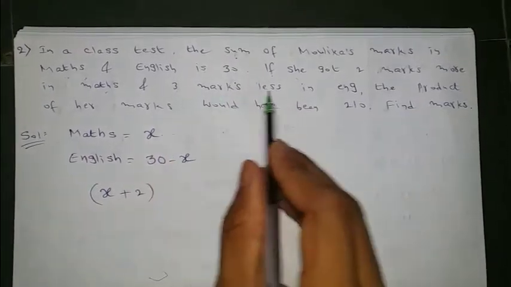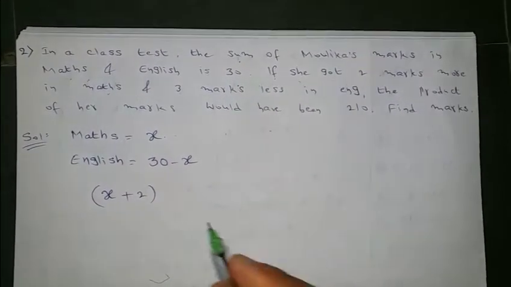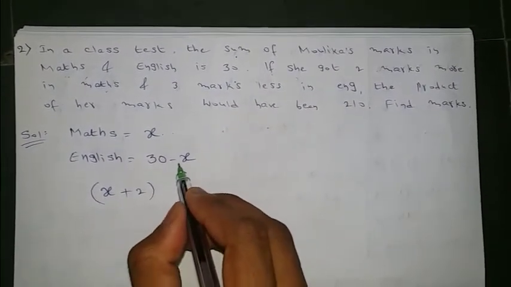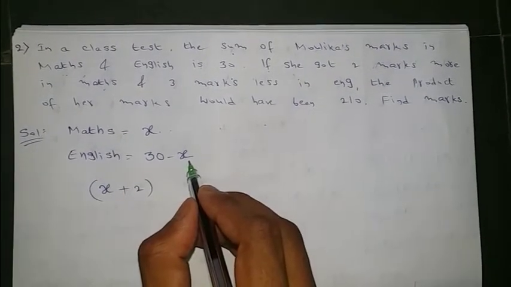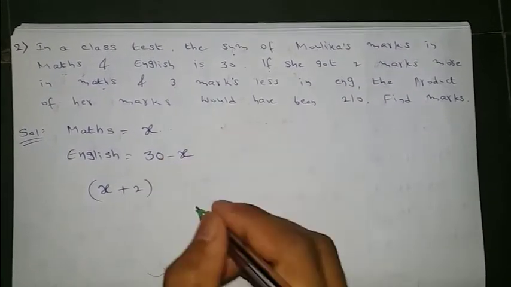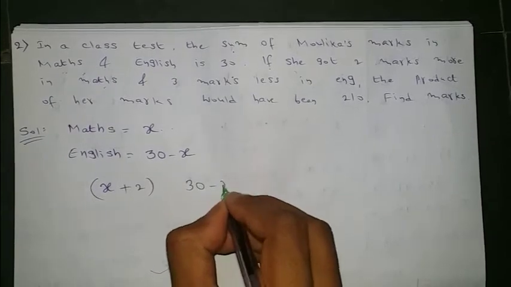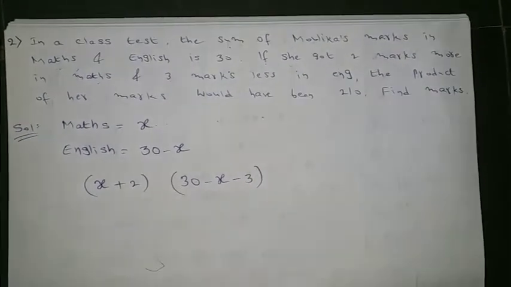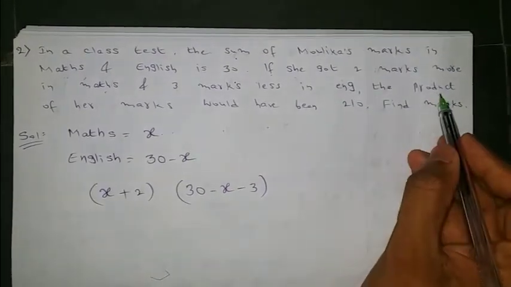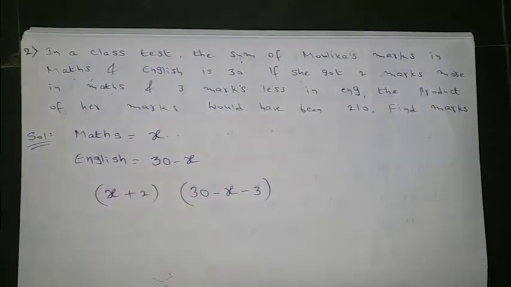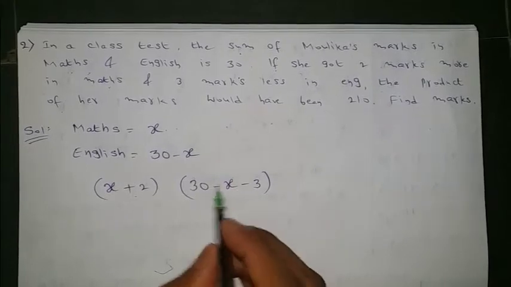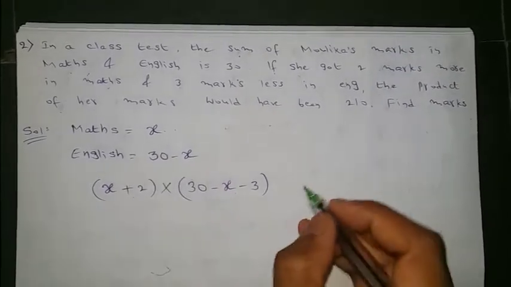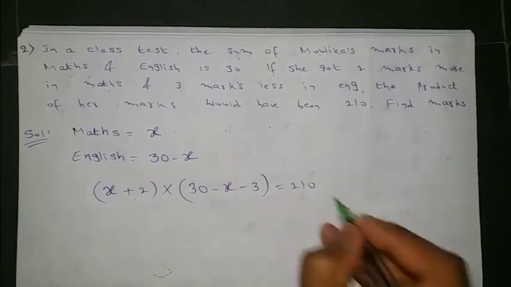And 3 marks less in English: in the beginning she got 30 minus x, now 3 marks less. Then the product of these two marks is 210.